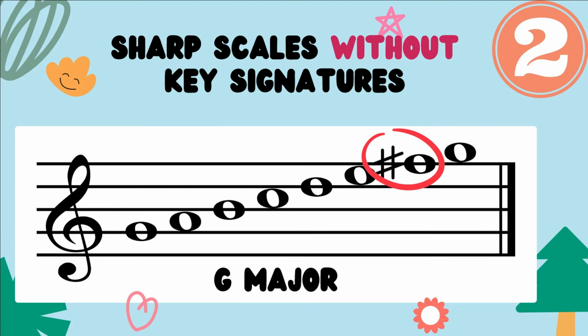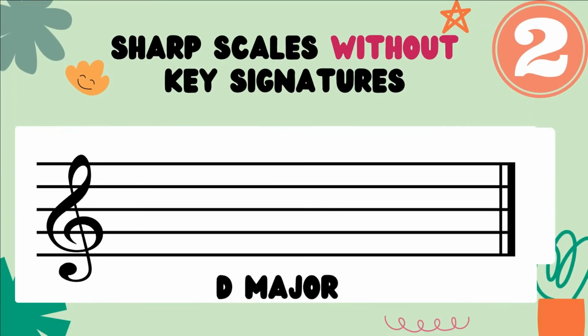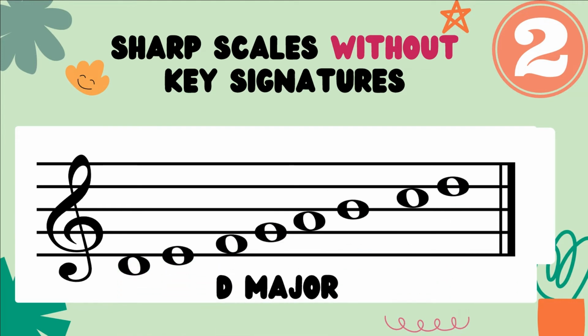Now let's take one more example, which is D major. This scale uses 2 sharps, and first and foremost we have the notes arranged from D to the octave on this staff. This is a treble staff, and it uses 2 sharps.